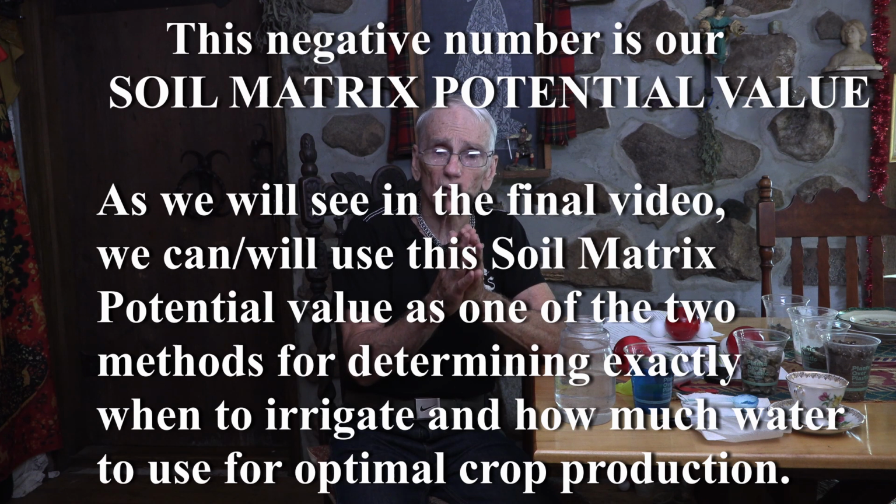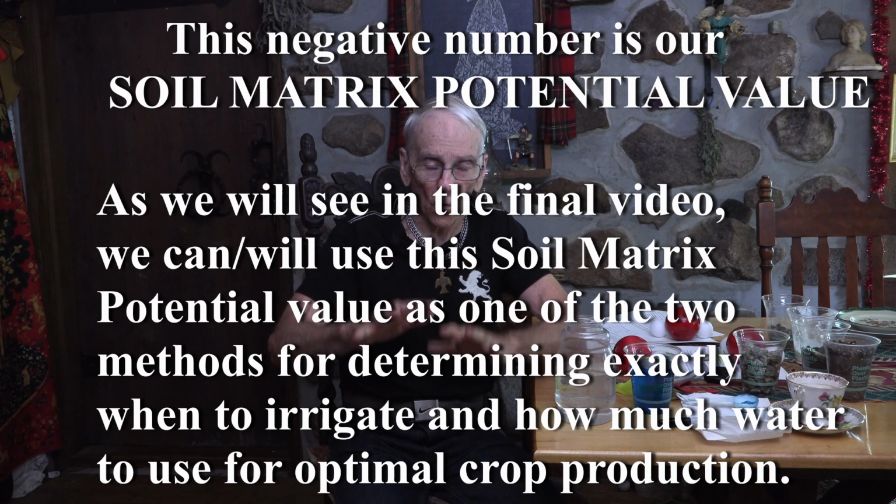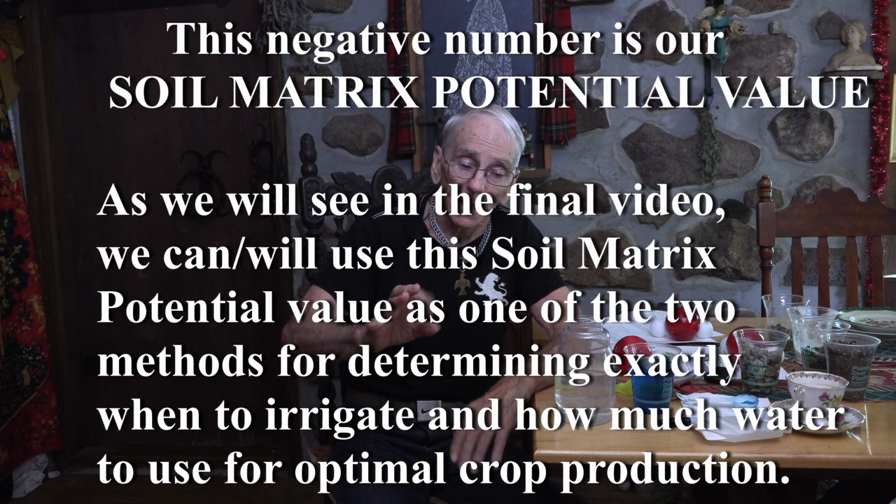So the key element here is to understand that as the water level in the soil drops, it becomes harder and harder for the plant to get water out. And as we're going to see in the next video, the point at which it becomes very difficult for the plant to get water out, and where the plant is actually experiencing quite a bit of stress, is much higher in terms of the amount of water in the soil than the average grower thinks is necessary.